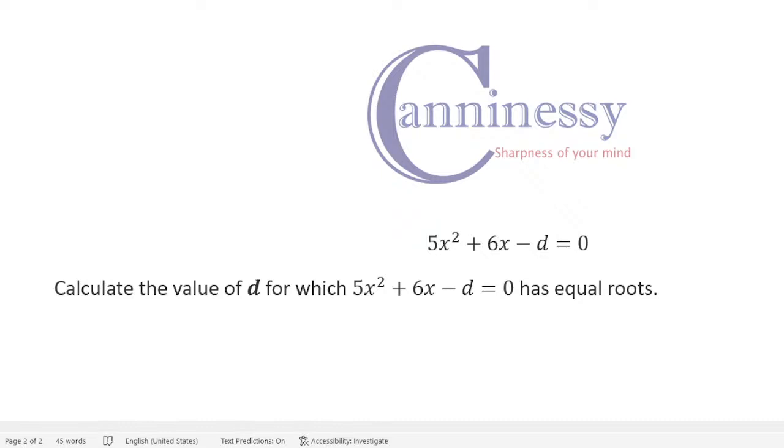Calculate the value of d for which 5x squared plus 6x minus d is equal to 0 has equal roots.